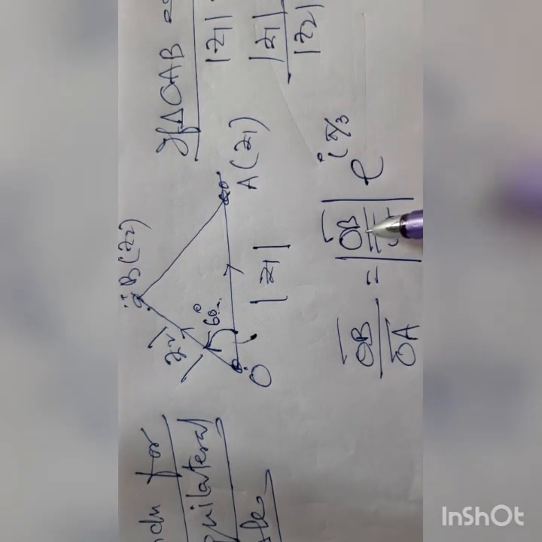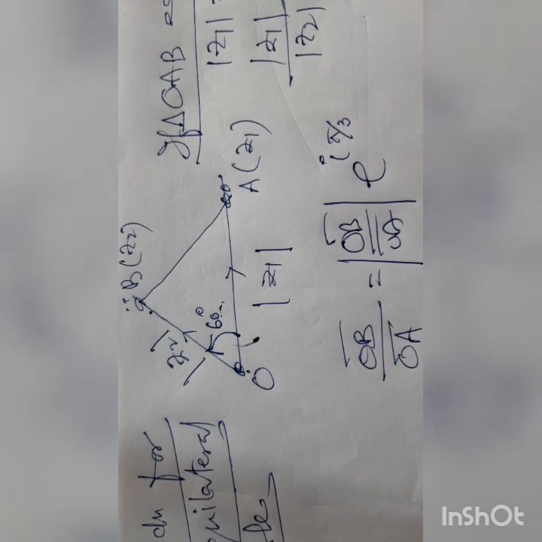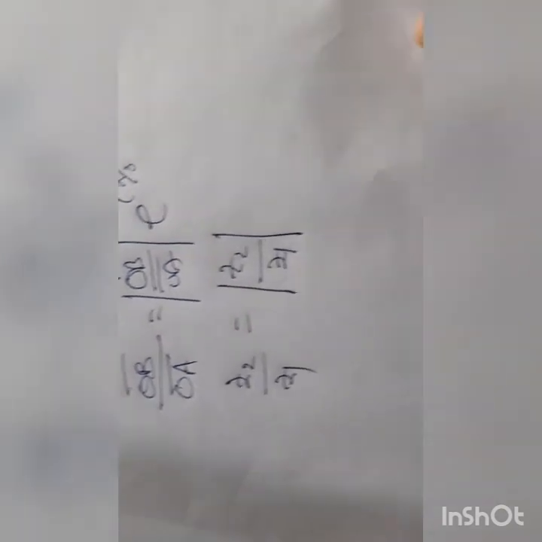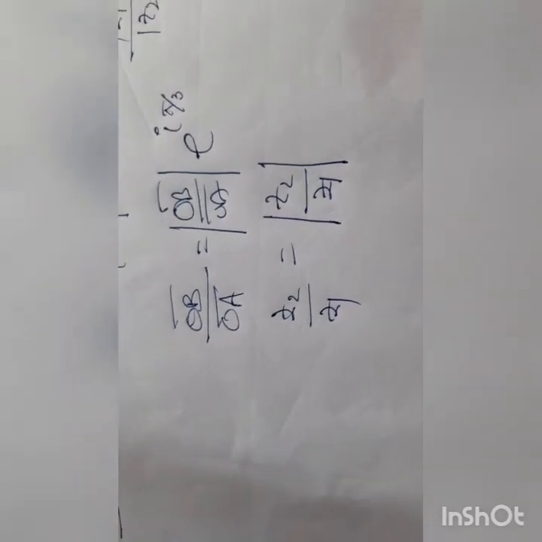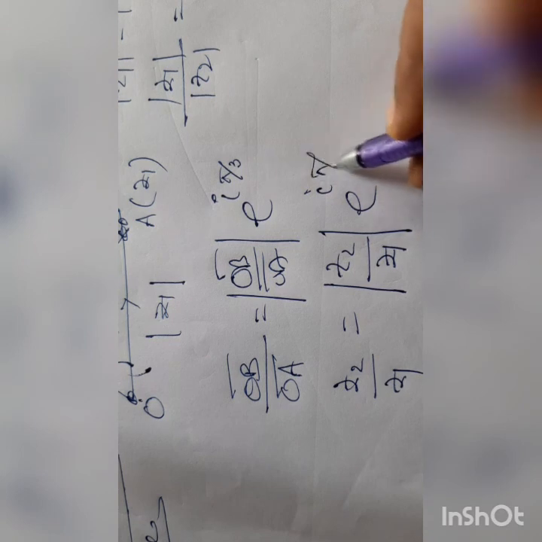What is this? Mod Z2 by Z1. Z2 by Z1, mod Z2 by Z1, e power i pi by 3.